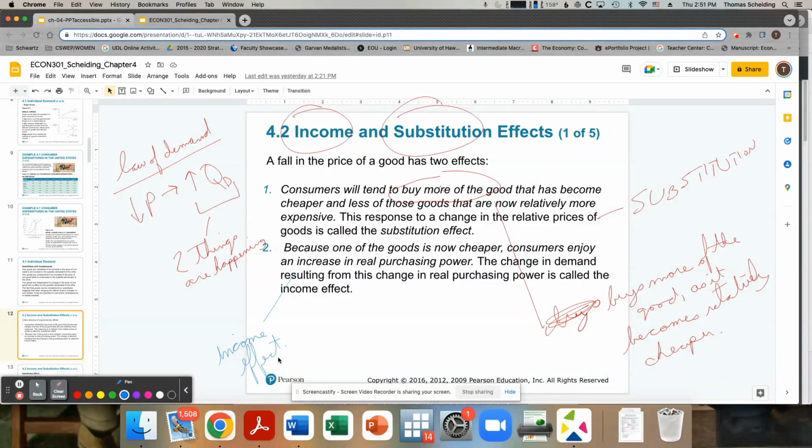So here, if it's a normal good, we buy more of the good that falls in price because we feel richer.